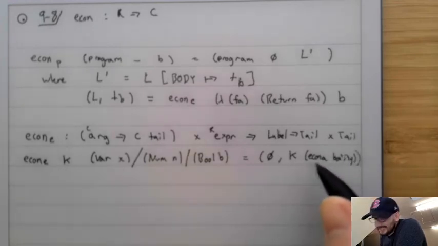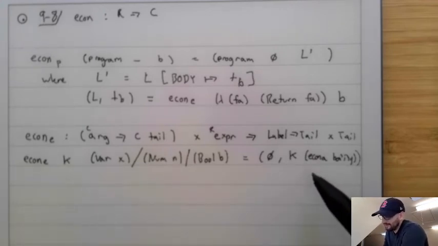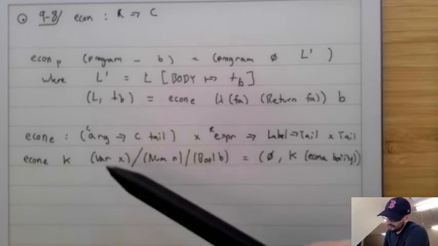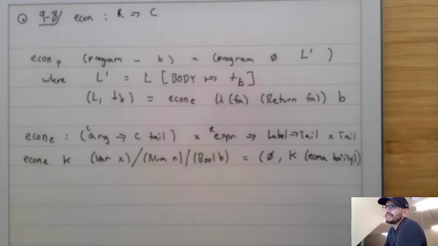So econ A is unchanged from before. It just turns a simple R argument into a C argument. So it would turn a variable into a variable, a number into a number, a bool into a bool, etc. Okay, so that's the boring case.